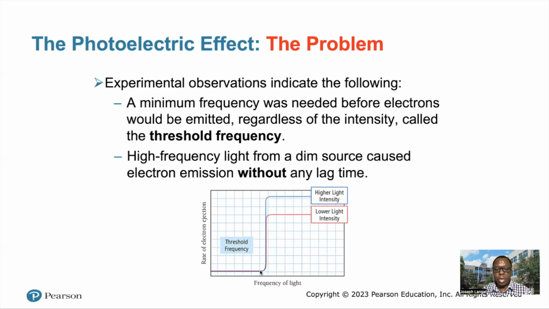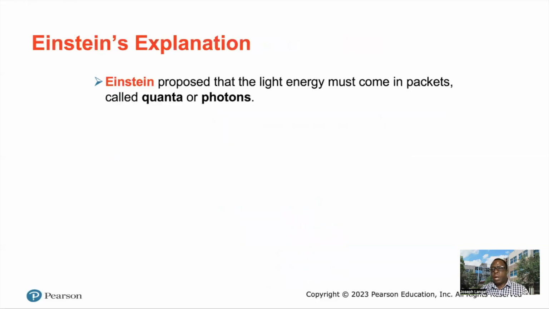So if you look here, this is the minimum threshold, either for the bright light or for the low intensity light. In both scenarios, electrons will be ejected. The person who explained this is Albert Einstein.